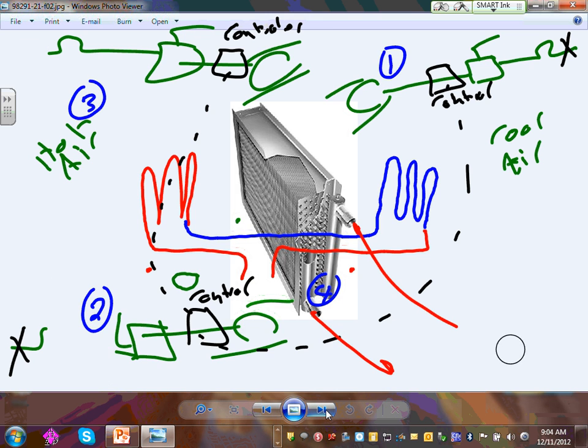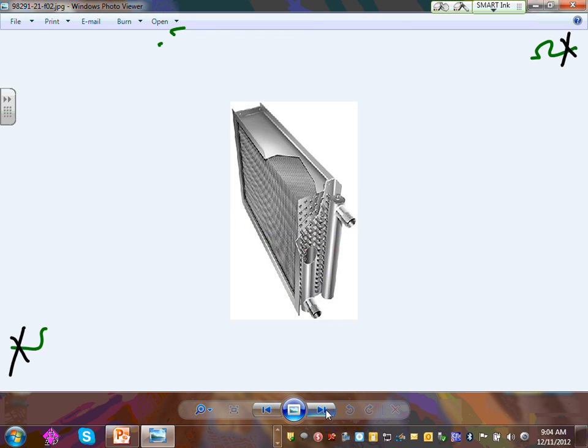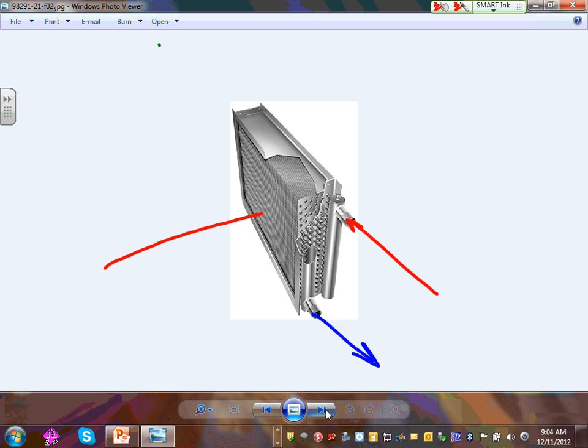So these are a couple of coils. When we say the coils, let's say here it comes in, here it comes out. This could be a coil for the evaporator or a coil for the condenser. It looks the same. And your job is to blow the air out of here.